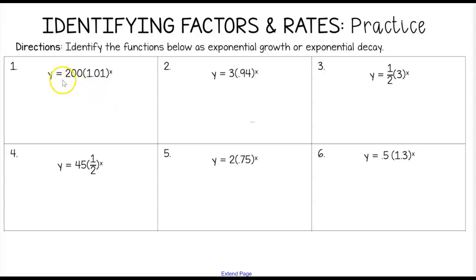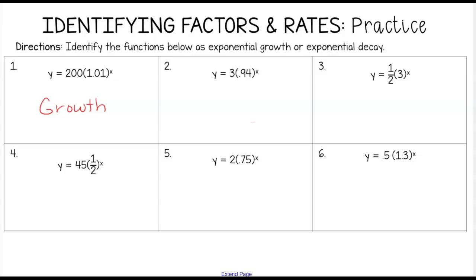So here at y equals 200, 1.01 raised to the x, that number is above 1. So that's going to be growth. Take a look at number 2 and see if you can find that one. Is the number between 0 and 1 or 1 or higher?